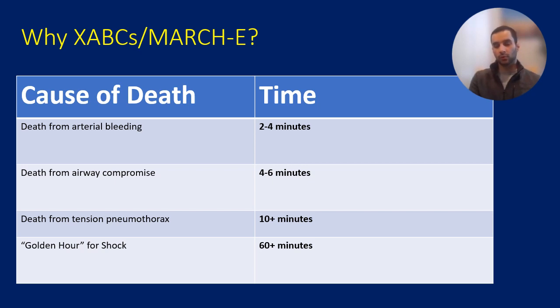Now, just to explain why we're doing this, I think it's important for you to recognize that if we look at the causes of death, death from arterial bleeding is in 2 to 4 minutes. This is why TECC and TCCC have developed, because people are bleeding to death before anyone gets to them.